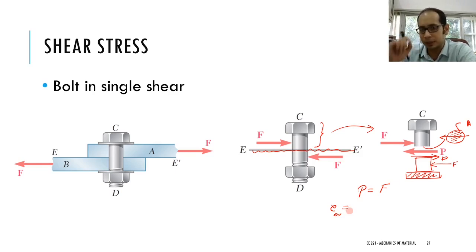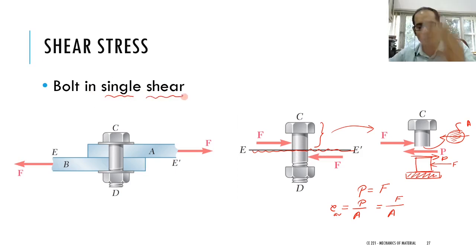It is a representation in an average sense. So tau average is P divided by A, which equals F divided by A. This is the average stress acting on the bolt. Now, since this bolt has one plane of failure, this is called a bolt in single shear.